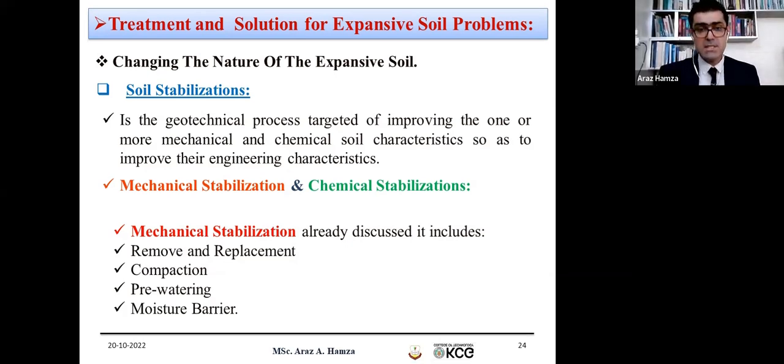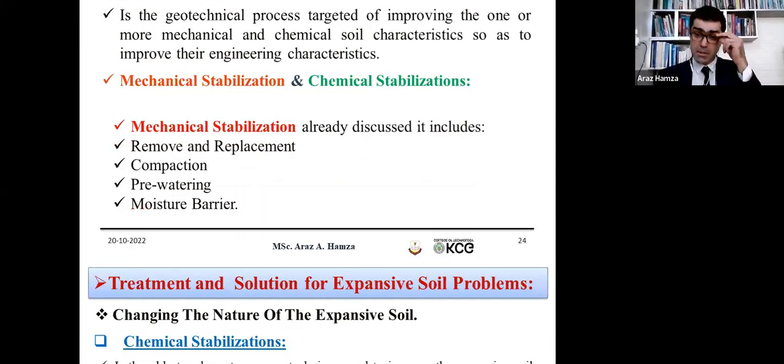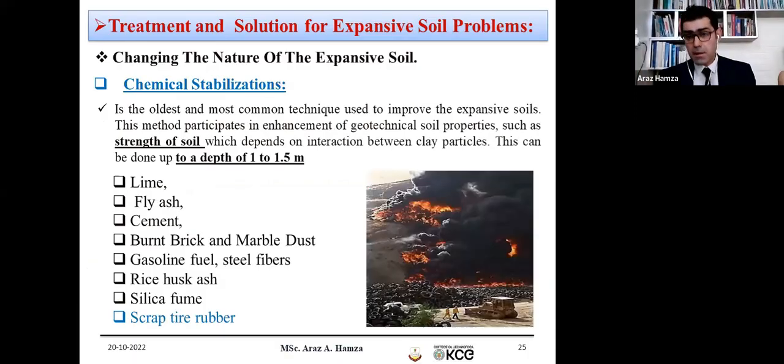We already discussed this, but what about chemical stabilization? Chemical stabilization is another process to enhance some properties of the soil by adding different material that can react with the clay content, react with the clay particles and their tendency to change volume, or cure the variation in their properties. But be careful, the practical implementation of such a technique is not very easy.